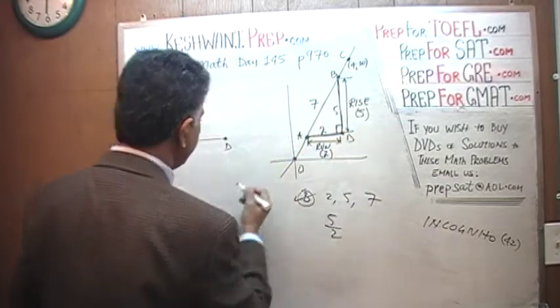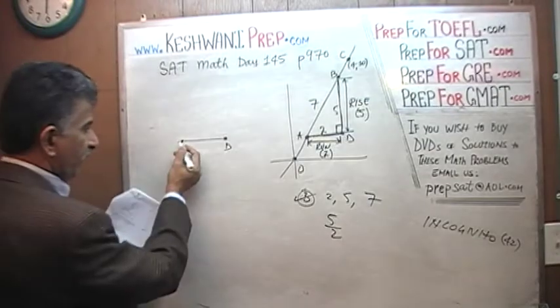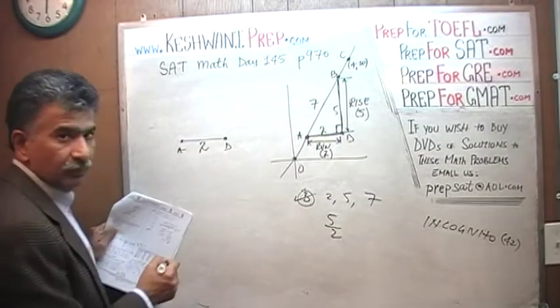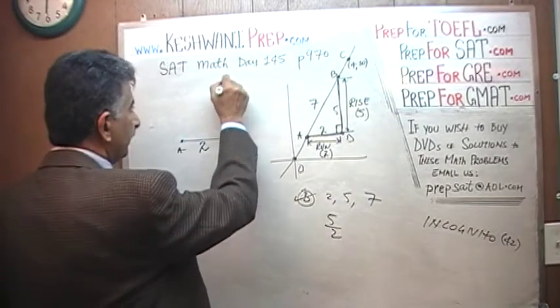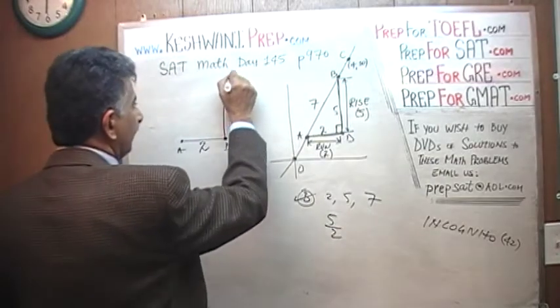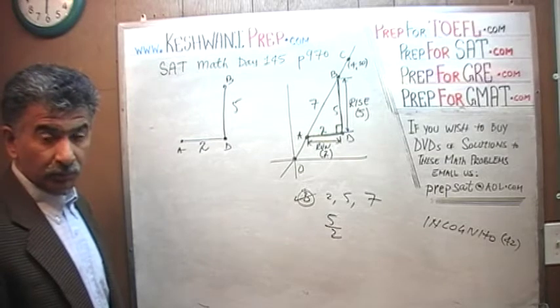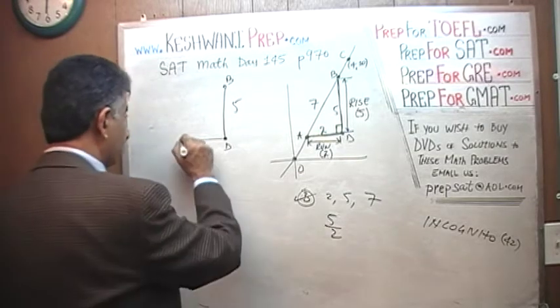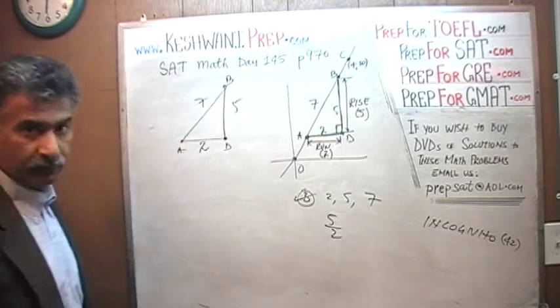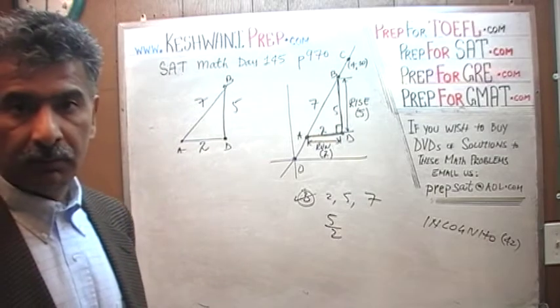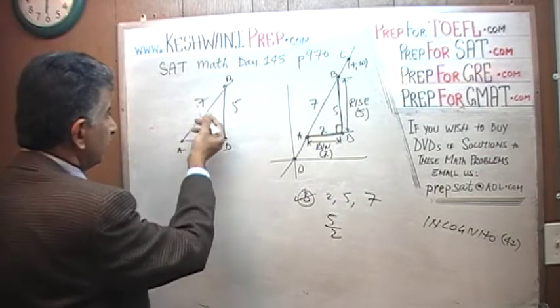I can drive from point A to point D, 2 miles, and then from point D to point B, 5 miles. I can do that and get to point B, or I can go straight from A to B and still drive 7 miles. No, that's insane.